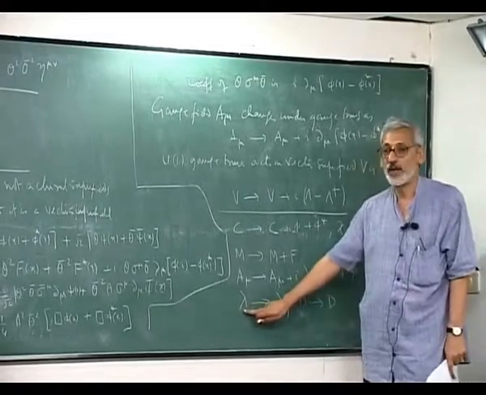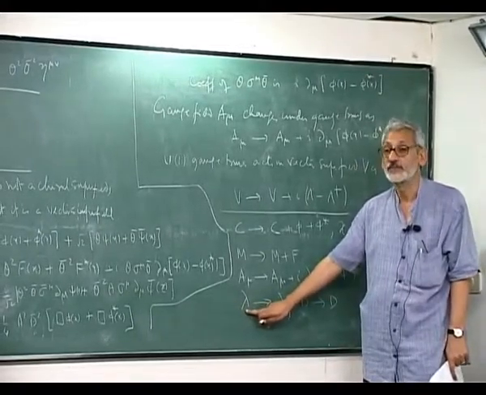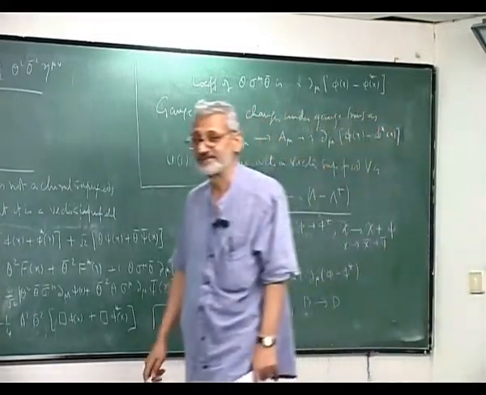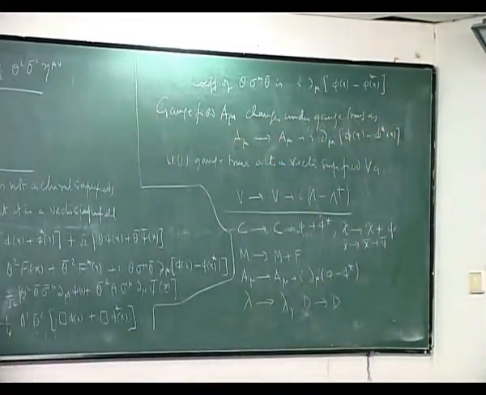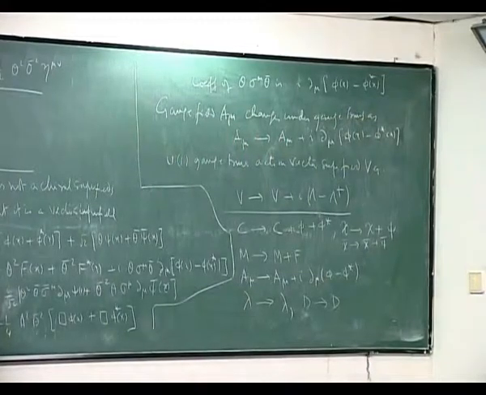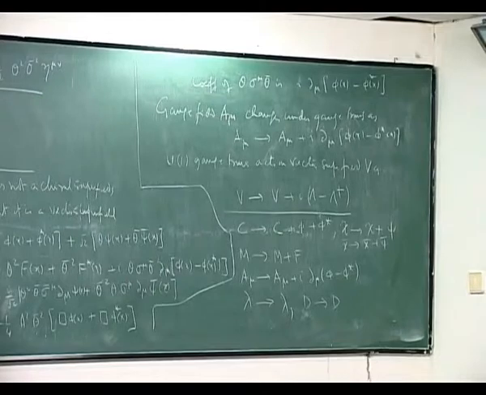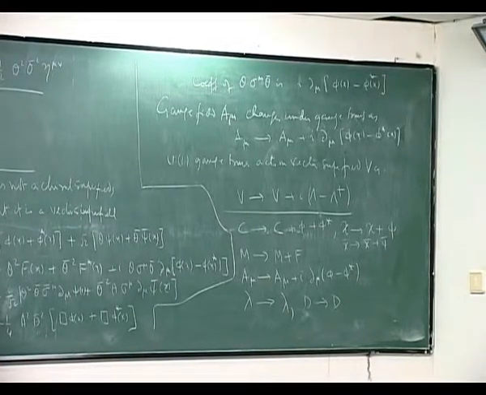What is the mass dimension of lambda? Yeah. So this could be a genuine physical fermion. And the fermion which is a superpartner of the gauge field has to be a Majorana fermion. A Majorana fermion is a chargeless fermion. A chargeless fermion does not see gauge transformations. Is that clear?